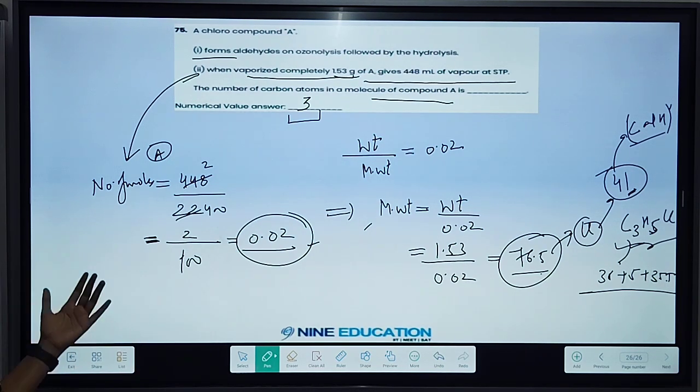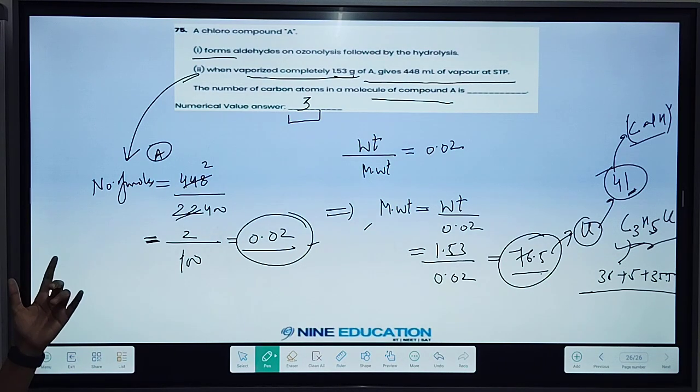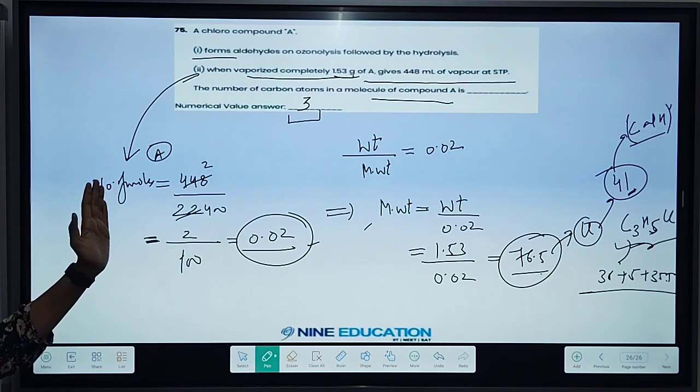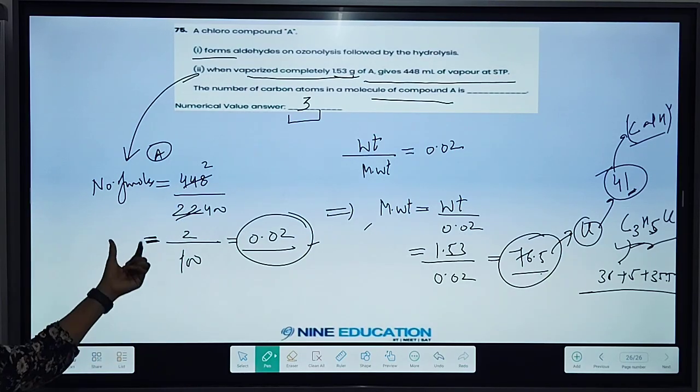Although we have done the solving, we need to understand the idea of how we should approach this kind of question. Read the statements, see what information is being provided. It's a chlorine-containing compound, so chlorine is there. Ozonolysis means it will be some alkene kind of thing, and when we do vaporization, we have some volume data.